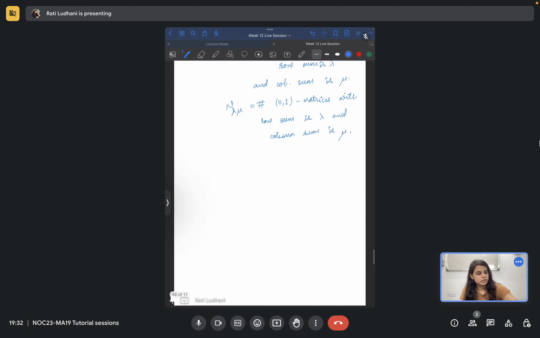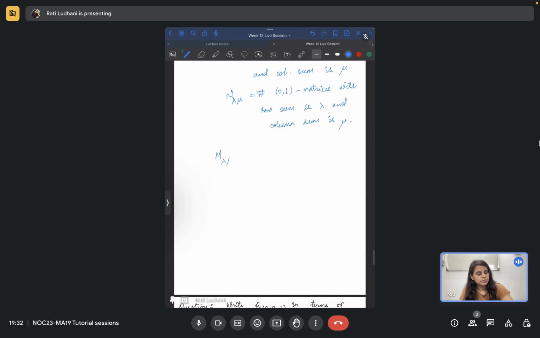The order matters, as I said. The first one is shape, and the second one is type, so it really matters what you are looking at.